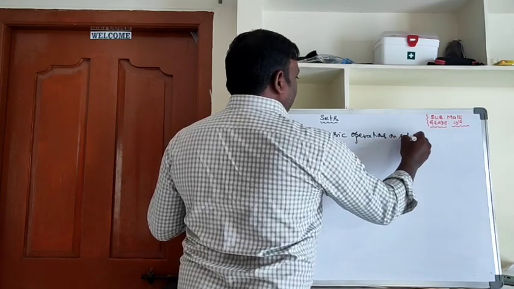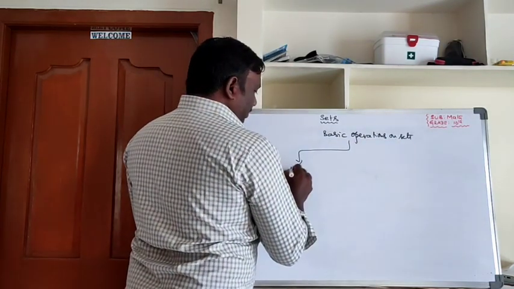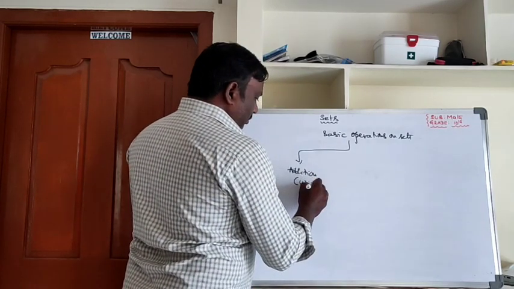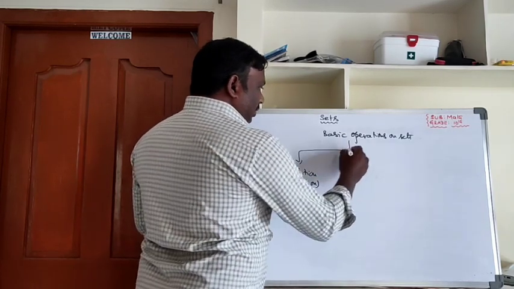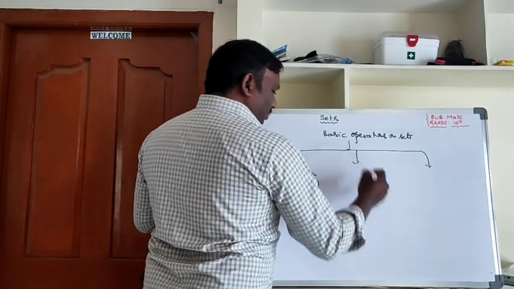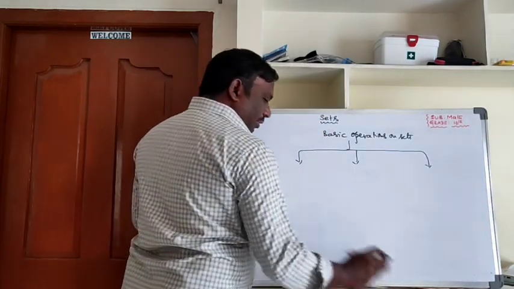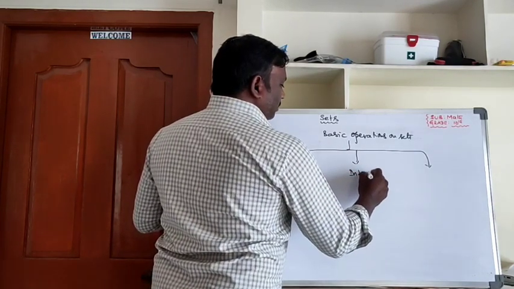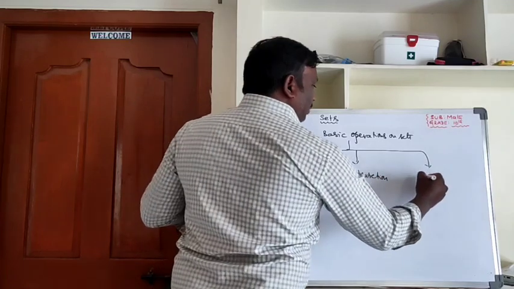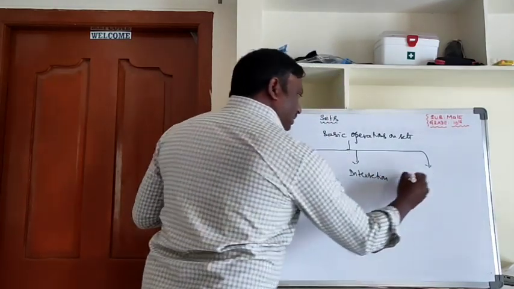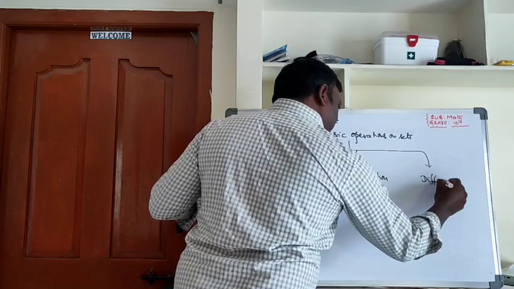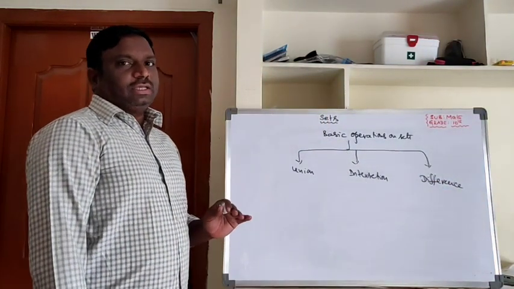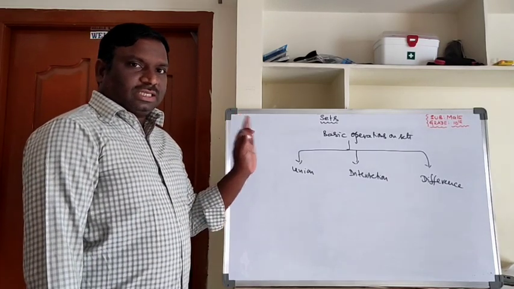Those are union, we can call it as union, not addition, that is union; intersection; and last one is difference. These are the basic operations of sets in our sets concept.